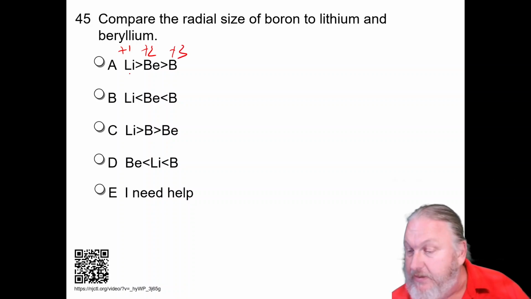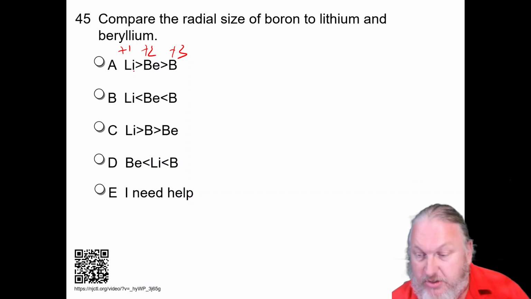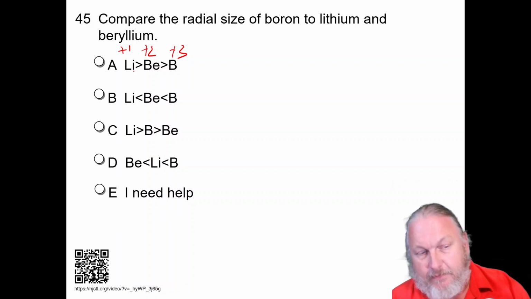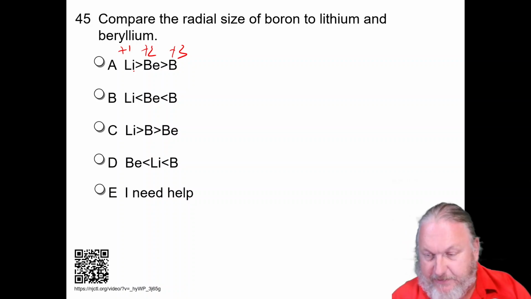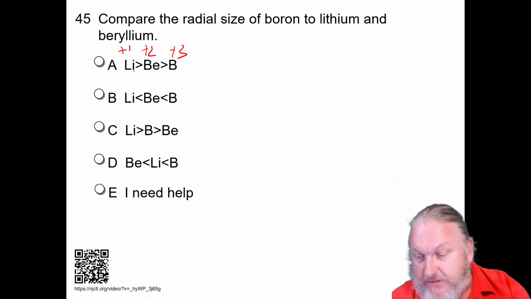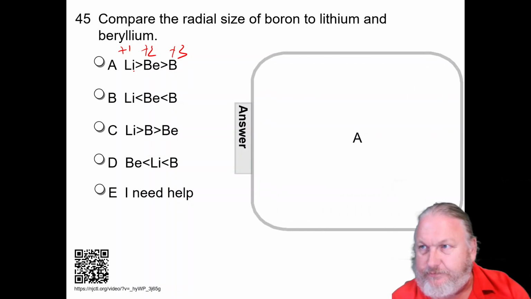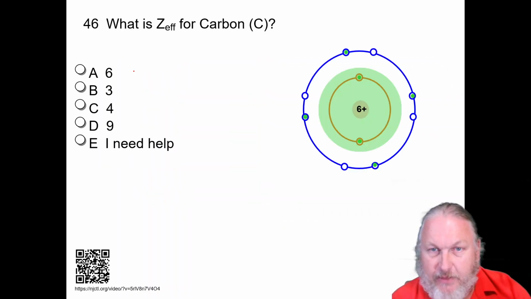So that means the radius of lithium is going to be larger than the radius of beryllium, because that nuclear force is pulling those valence electrons in, and beryllium is going to be larger than boron. It's got +3. There's greater force pulling those outer shell electrons in. Okay. So that would be A.